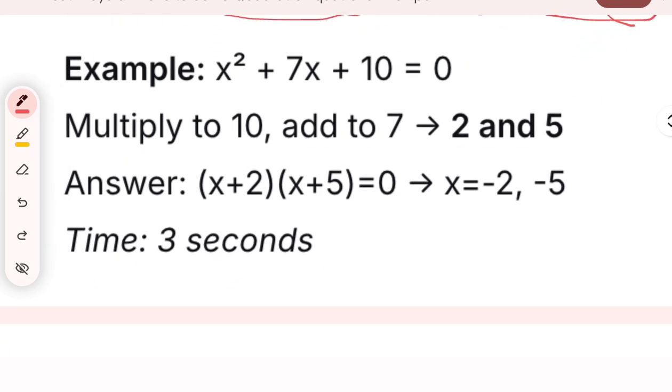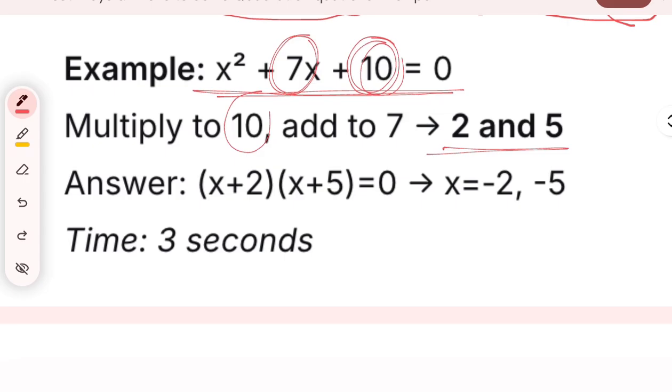So for example, if you are given something like this, that is of course a quadratic equation, what you need to do is find two numbers that when you multiply would result to 10, and when you add them would result to 7. Those numbers would be 2 and 5. Multiplying 2 and 5 results to 10, and adding 2 and 5 results to 7.